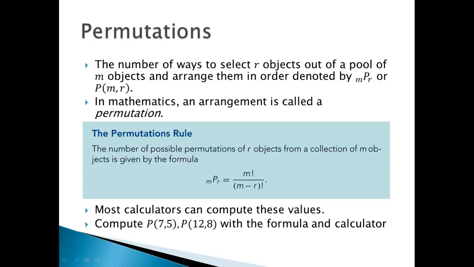Those are two notations that mean the same thing. These selections followed by an arrangement are what a mathematician calls a permutation. The permutation rule says this: the number of possible permutations of R objects selected from M is given by the formula PMR, which is M factorial over M minus R factorial.